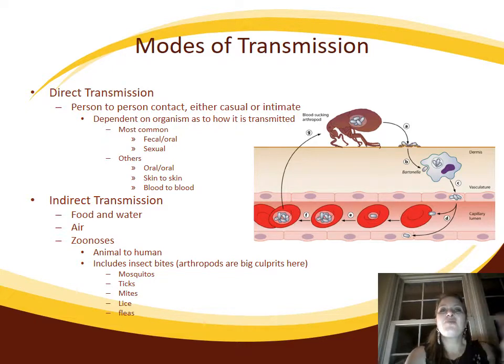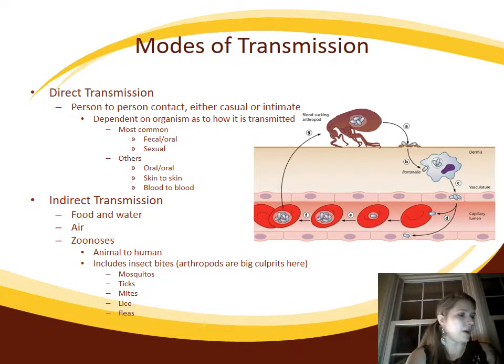And then the other modes of transmission are going to be oral-oral, skin-to-skin, and blood-to-blood. So if you've got a BFF and you're trying to do a blood pact, not an ideal mode of transmission, okay? Indirect transmission can come from food and water, contaminated food and water.